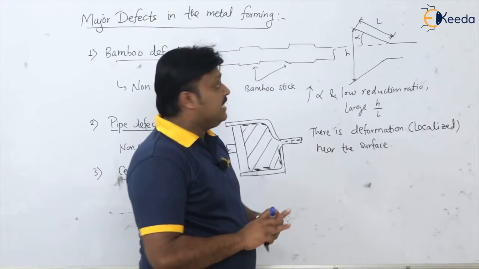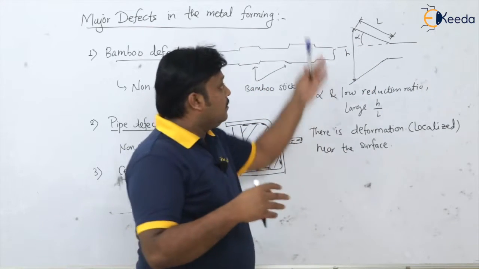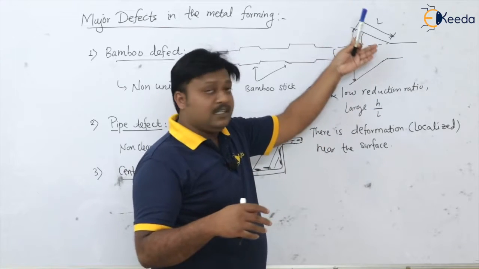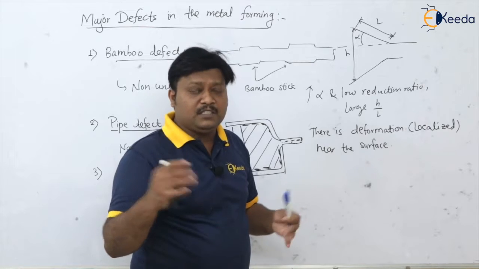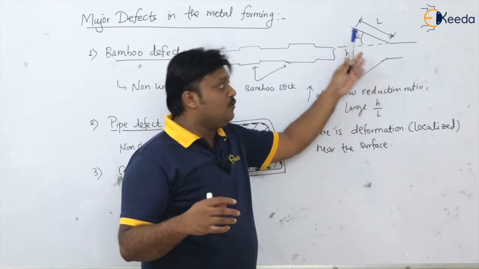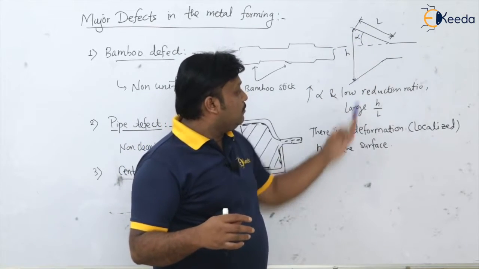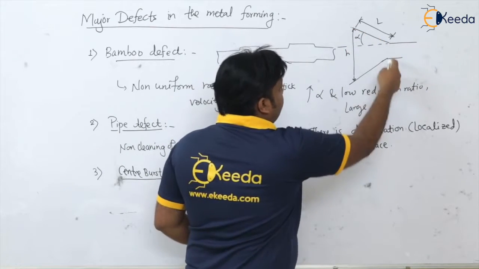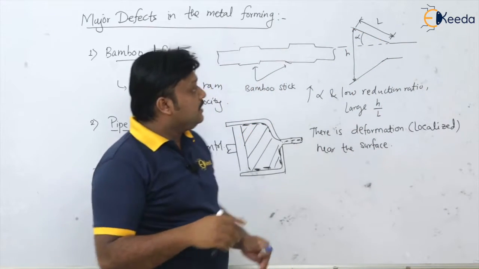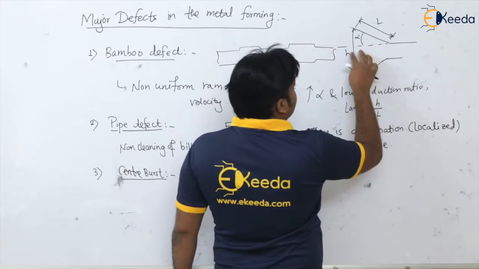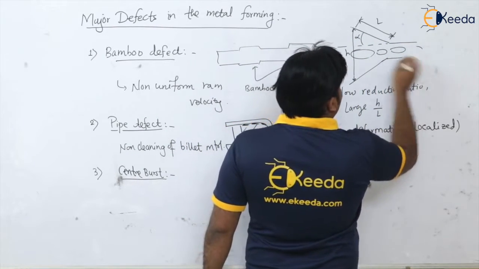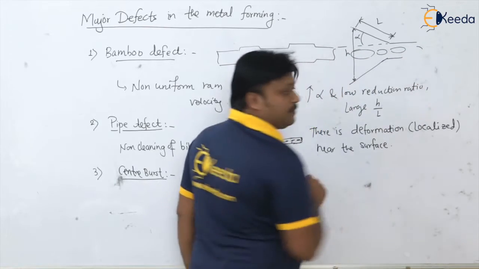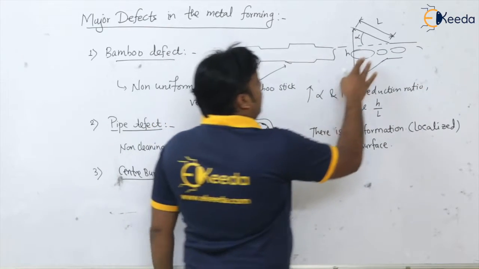The central portion of this material relative to the surface material does not have that much deformation. It has relatively smaller deformation compared to the material at the surface of the die. So this upper layer of the surface is simply dragging the central portion of the material into the die.